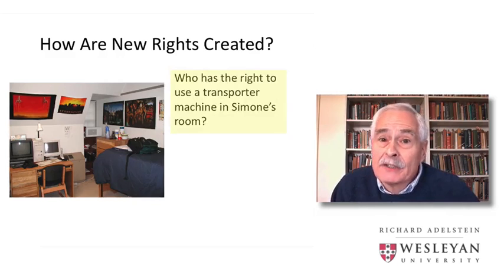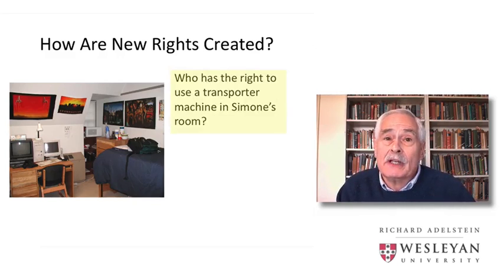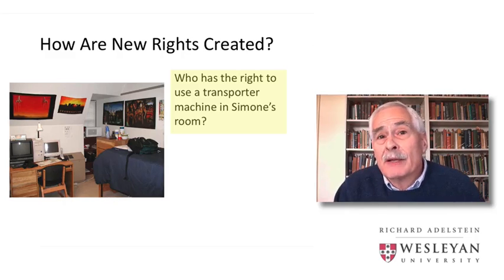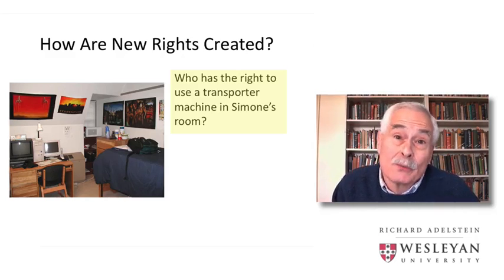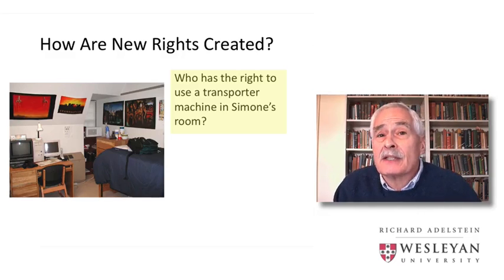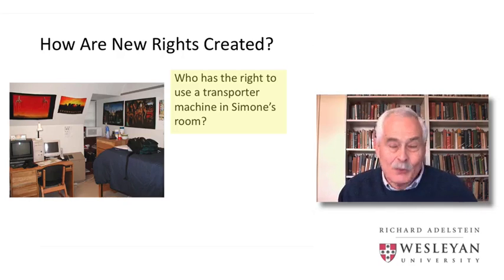If Simone gets the right to use the transporter machine, she can use it whether her neighbors object to it or not. But if her neighbors get the right to use the transporter machine in Simone's room, then they can exercise that property right negatively and exclude Simone from using the transporter machine in what would otherwise be her room.